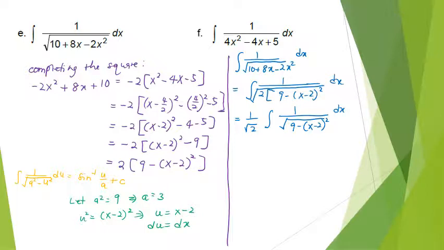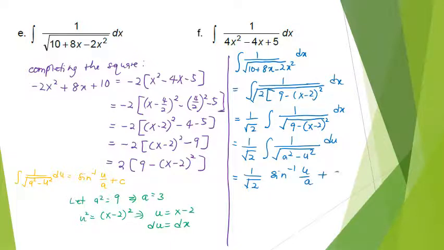Alright, so substitute dalam integration kita 1 over square root 2 integrate 1 over square root a square minus u square du. Okay, so automatically it become 1 over square root 2 sine inverse u over a plus c.